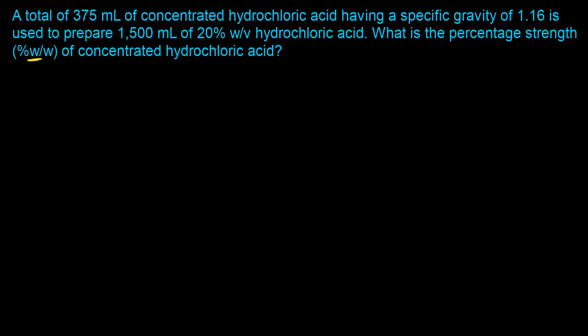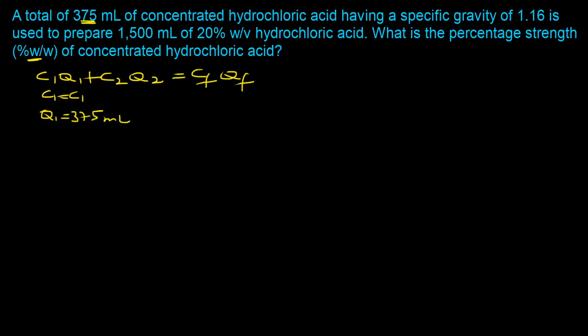So what that would look like is that you start off with your algebraic equation C1 Q1 plus C2 Q2 equals C final Q final. In terms of concentration, we don't know what C1 is because that's our concentrated preparation that we are looking for. Q1 is going to be equal to 375 milliliters.